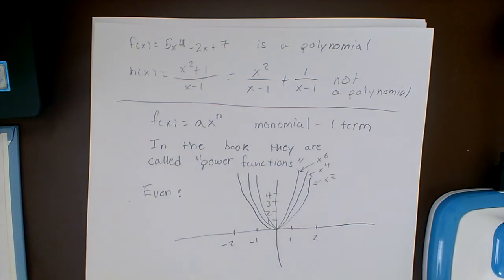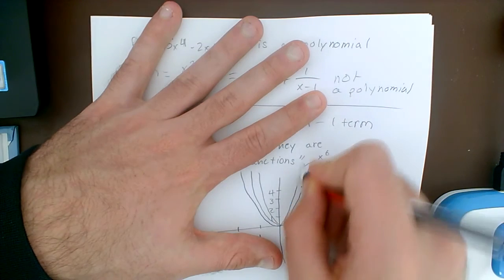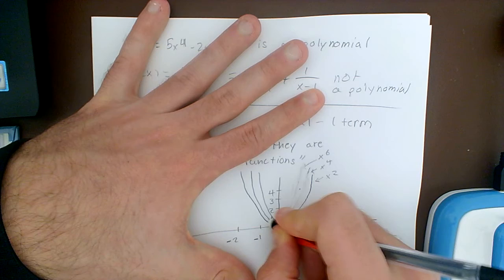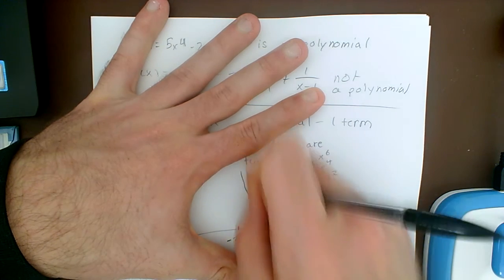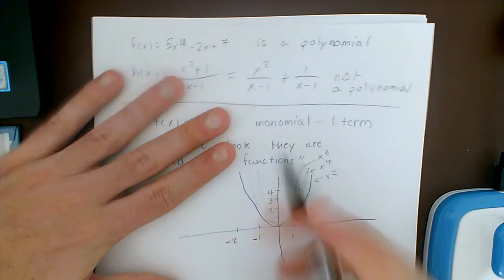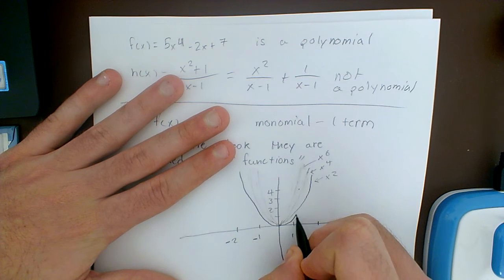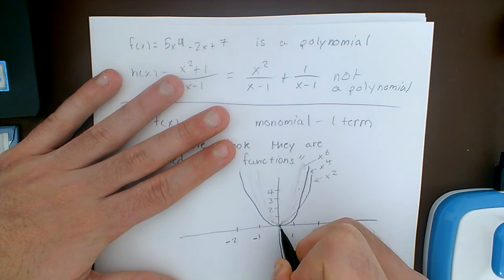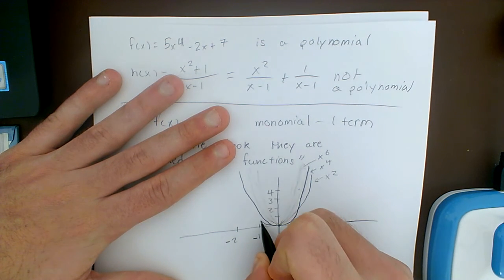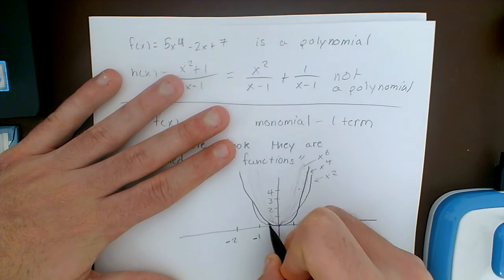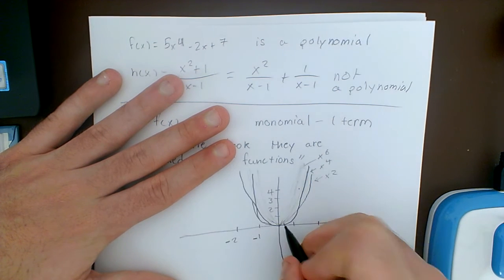But take a look at, I actually drew these incorrectly. Let me redraw these. These here, actually, until you get to 1, are smaller than the x squared. Make sure I'm crossing there at 1.